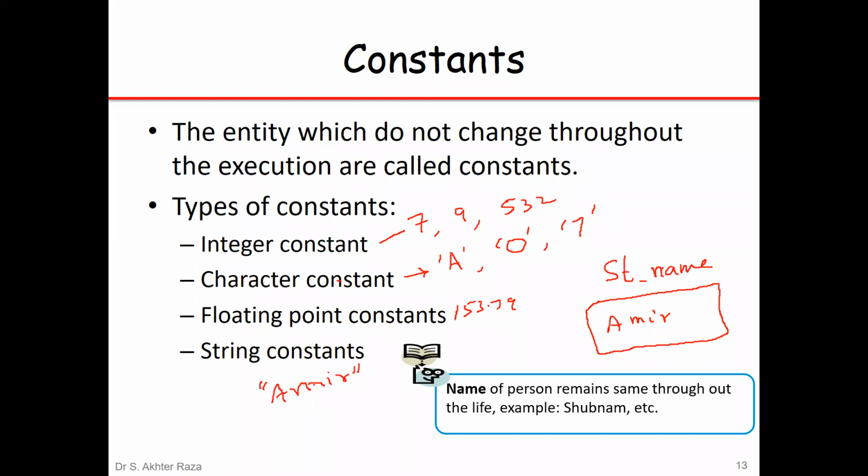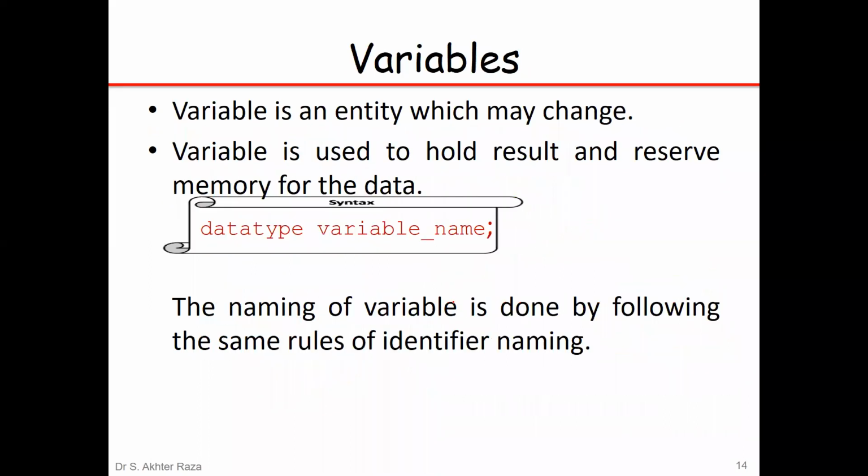So string constants are in double quotes, character constants are in single quotes, integer constants are whole numbers, and floating point constants may be in fractions, or they may be whole numbers. Suppose 53. When I store 53 in a floating point constant, it will contain 53.000 because floating point constants have decimal fractions in them.